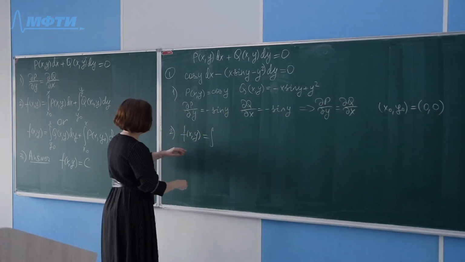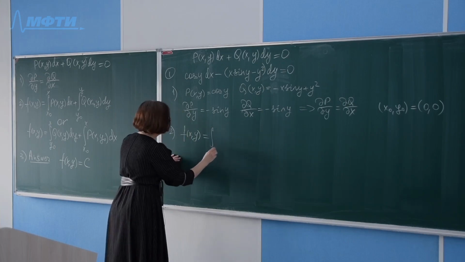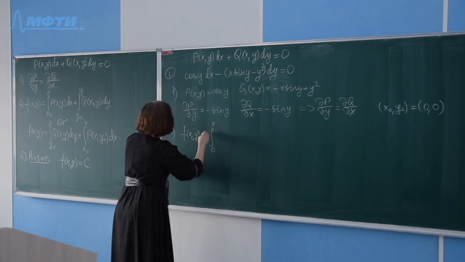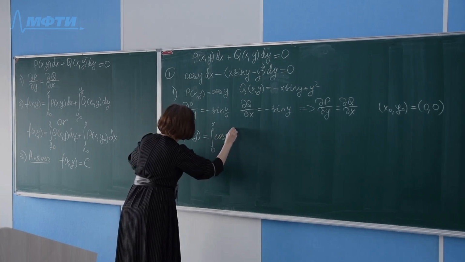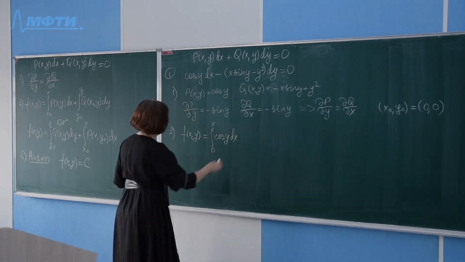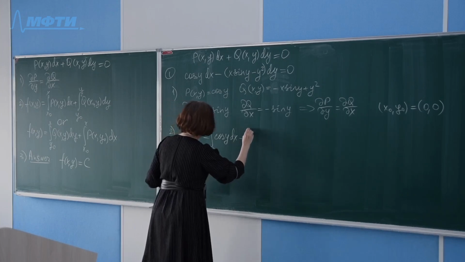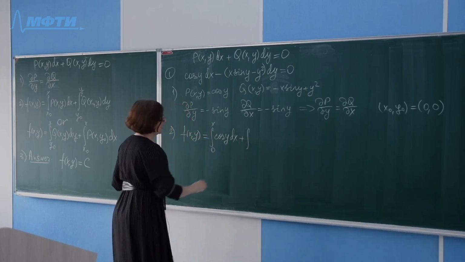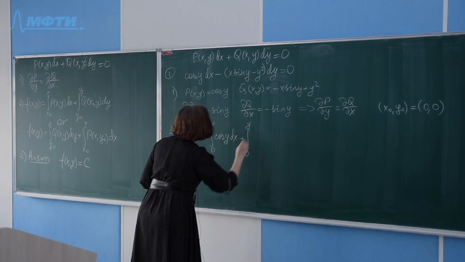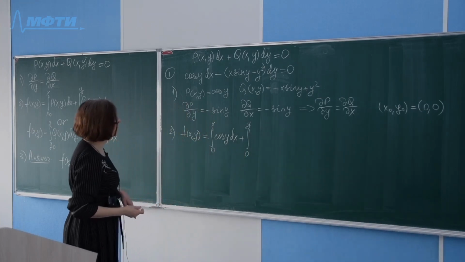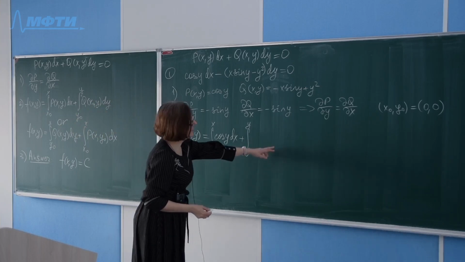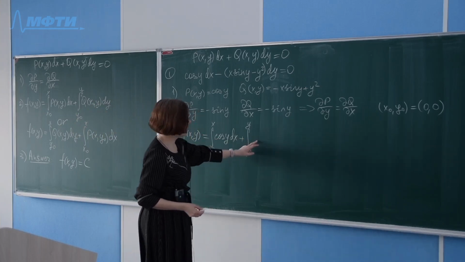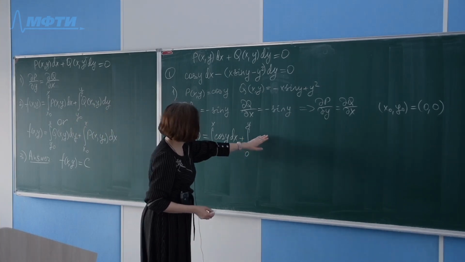And so f of x,y will be the integral from 0 to x of cos y dx, plus the integral from 0 to y, okay. And what is the function? What should we write here?